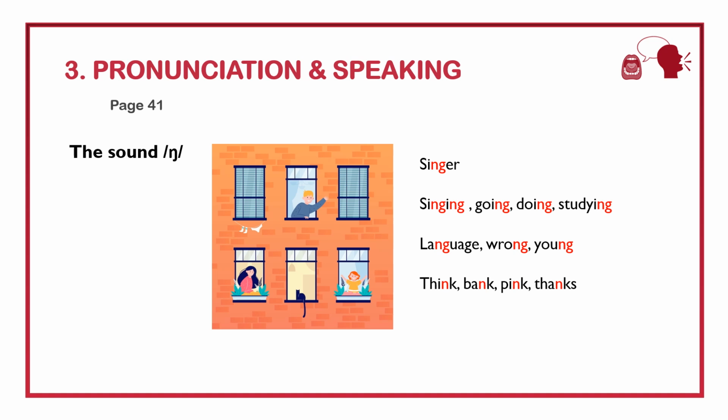The next words are not verbs, like language, wrong, young. And we also have this sound with other words that have N and K after it, like think, bank, pink, thanks. All right.